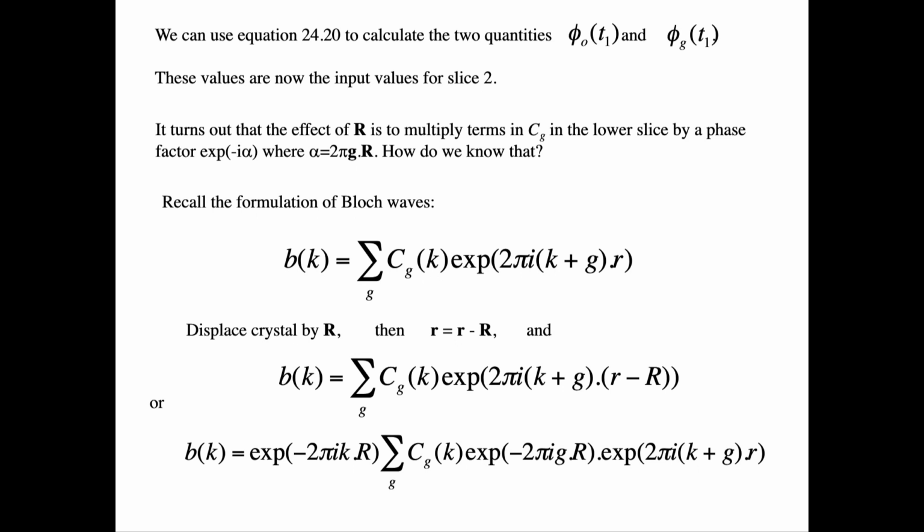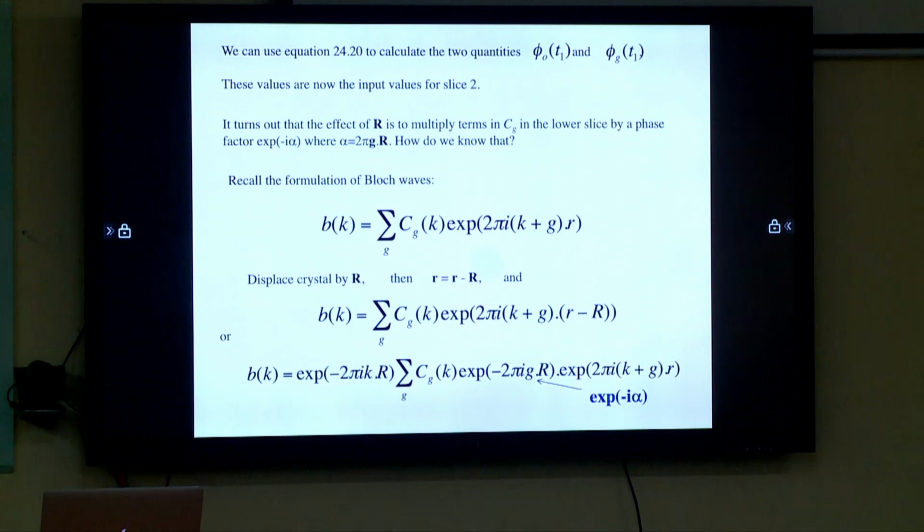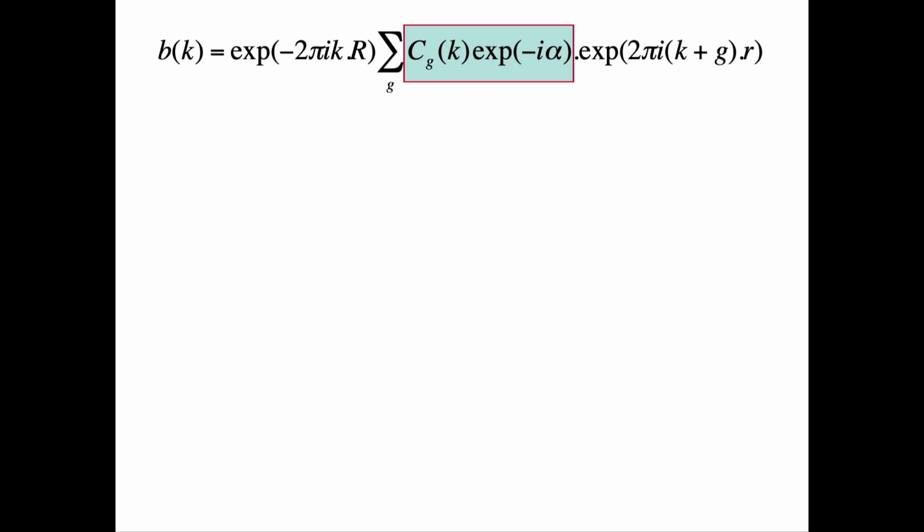You're thinking, we're getting more complicated, don't like this, but you notice we've separated out this term here, and that is our exponential to the minus i alpha, and that contains this term g dot big R in it. And so that term there is the effective C_G term.